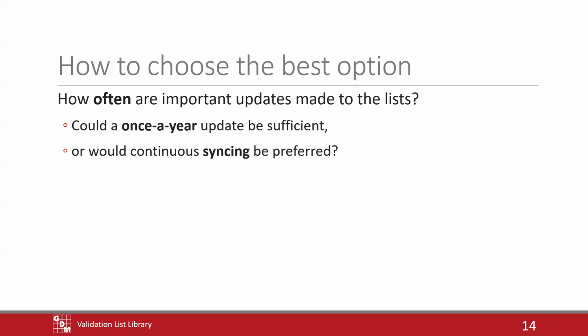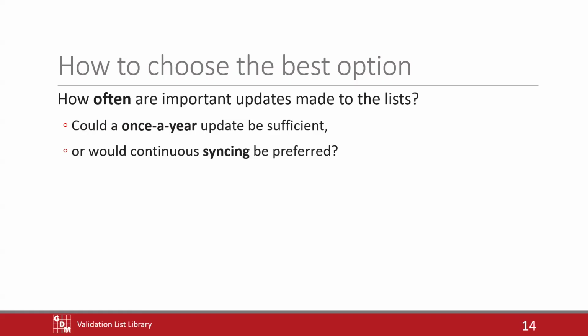So first and foremost is how often are you wanting to update these lists or these files? Is a once a year, twice a year type of update sufficient? Because that would be that one-time category where you can just manage and really control when you try to take this on.